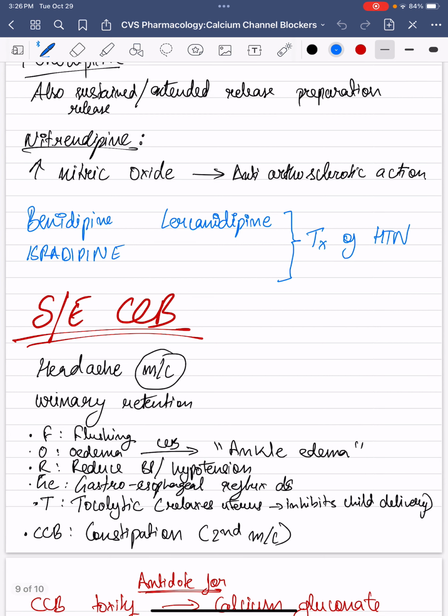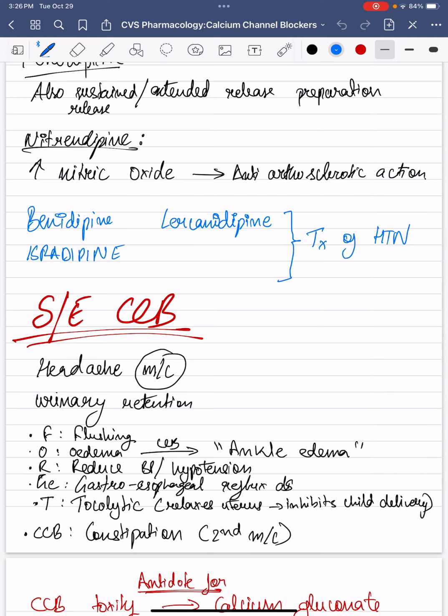And then there is benidipine, isradipine and lercanidipine, and these are also used in treatment of hypertension, but to sum it up, the most important one is nicardipine, the drug of choice in treatment of hypertension. IV nifedipine and sublingual nifedipine can also be given in the treatment of hypertension.